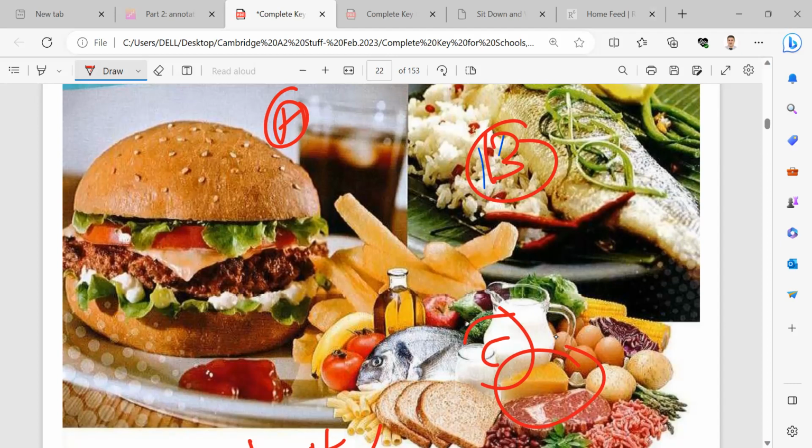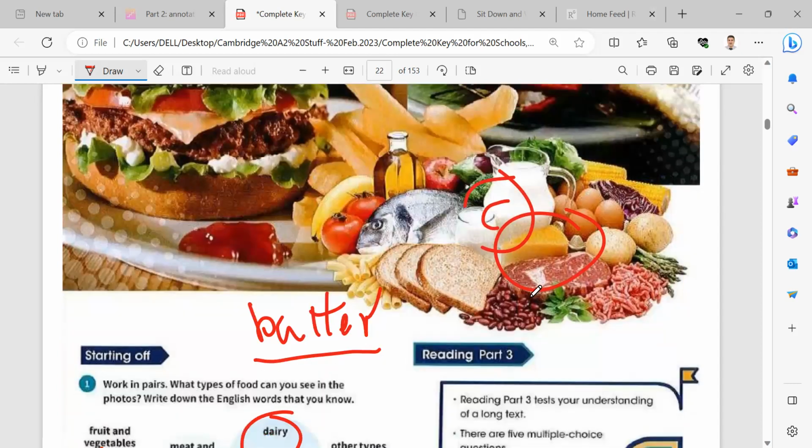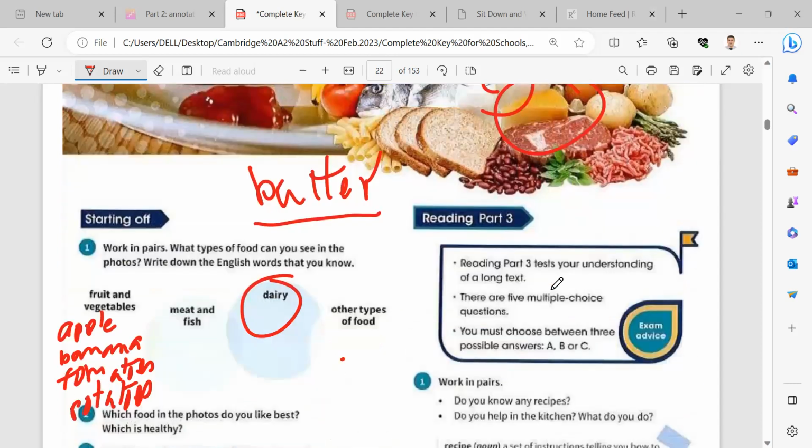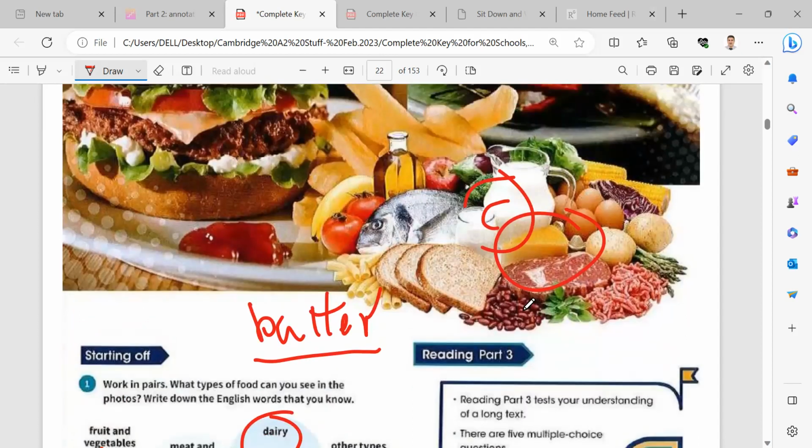Because there's calcium in the milk, there's protein in the meat, there's vitamins, and a lot from picture C. Good. Yes, I agree with you.